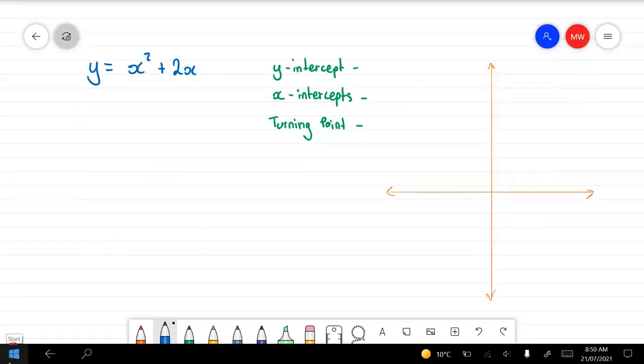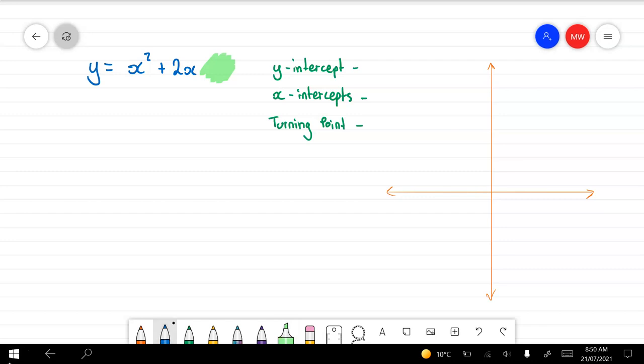In this second example, we are going to do the same thing. We're going to find the y-intercept, the x-intercepts, and the turning point. This is another expanded form quadratic. It looks a little different because you might notice that it's missing a constant on the end, and that's what we'd use to inform us of our y-intercept. If you can't see it, it's because it's a 0.